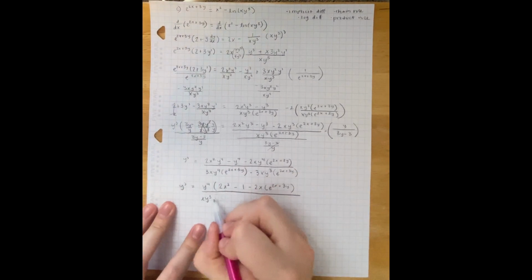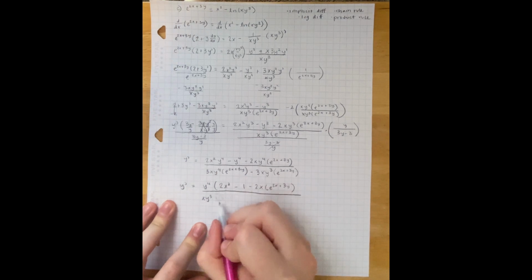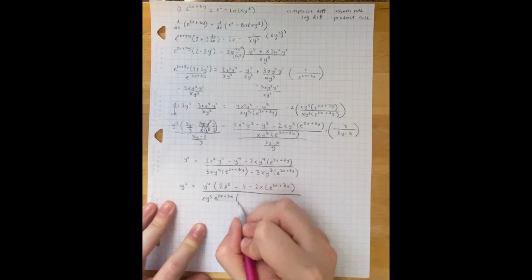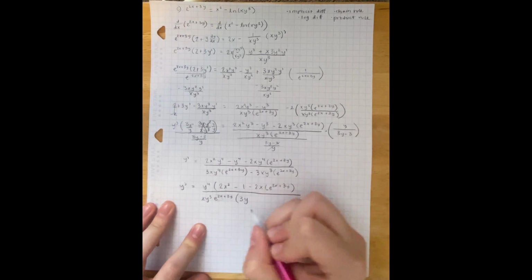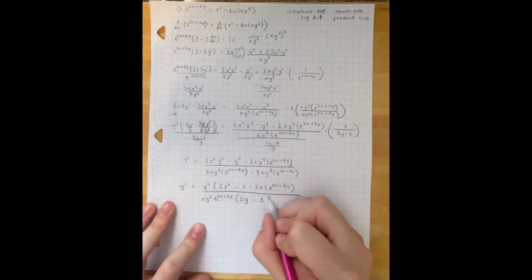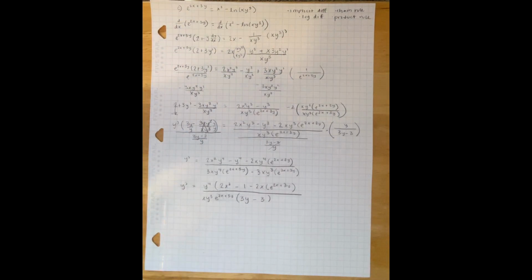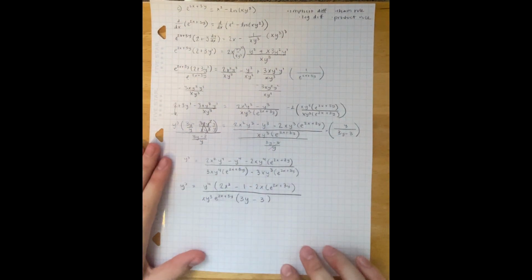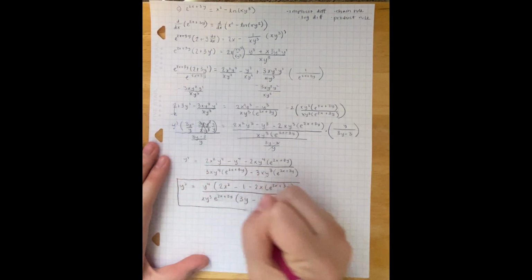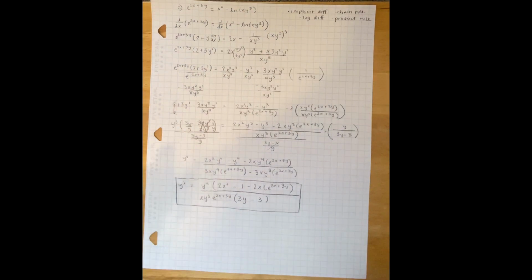So xy to the 4th, e^(2x+3y), times 3y minus 3, and that's it for that one. And that is the answer for C. Thank you.